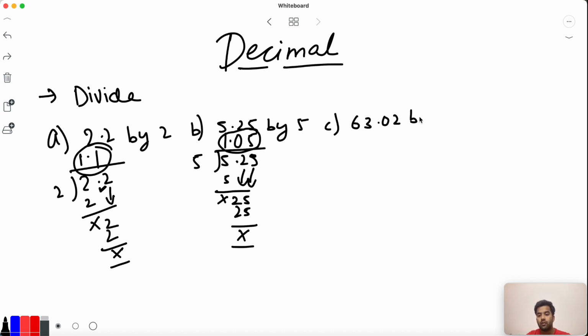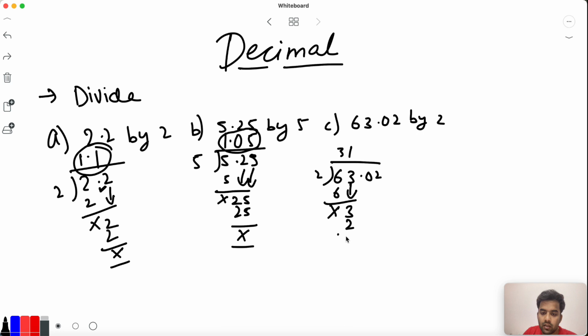Question number C. 63.02 divided by 2. So write it this way. Now 2 threes are 6. Cancel. 3 will come down. Now 1 time only 2, 1 will come down. Now we need 0, but 0 is after the decimal.